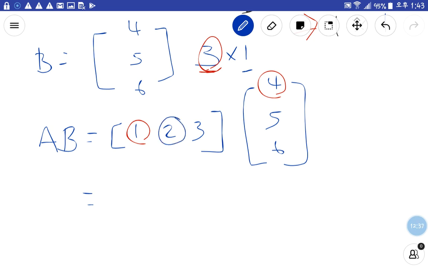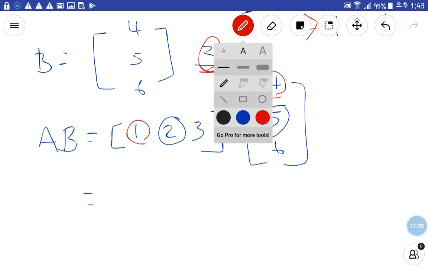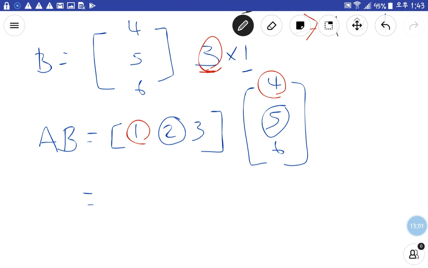Similarly, I have 2. Then what number should I multiply it with? The second one. That is my second expression, Ai2 times B2j, which is 2 and 5 accordingly. My last one, Ai3 times B3j, is this number 3 and this number 6.